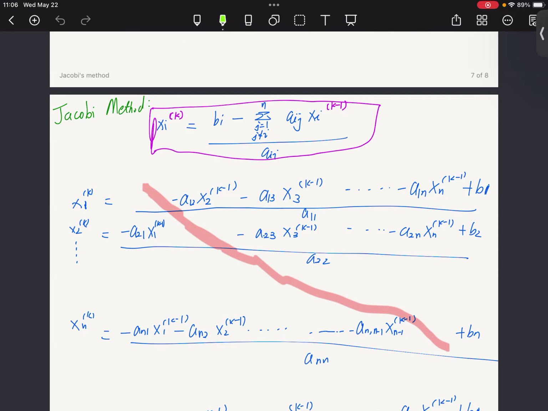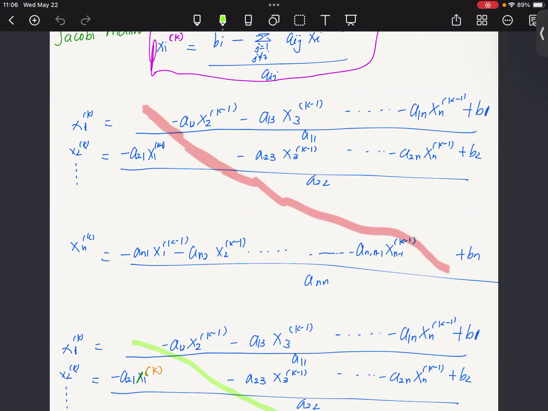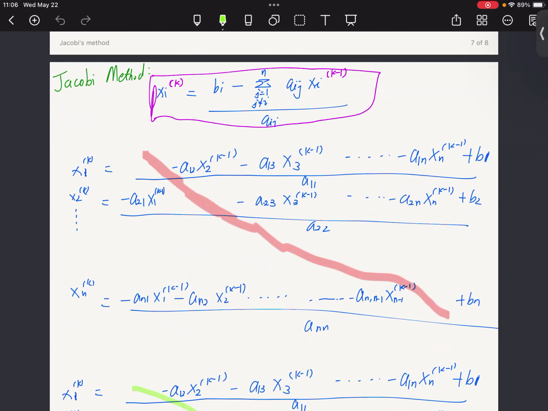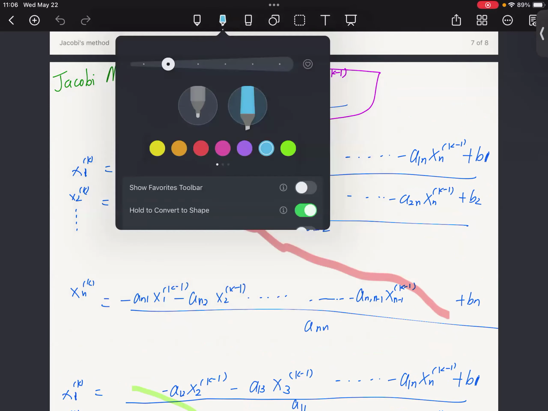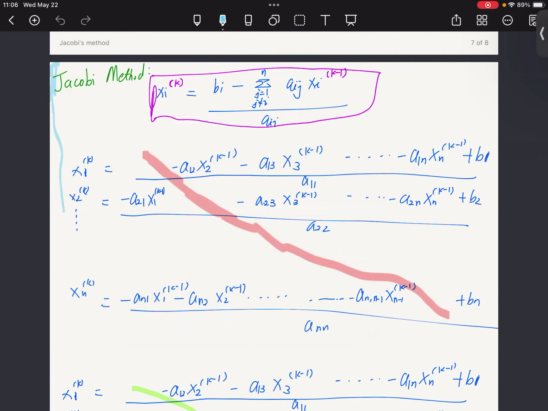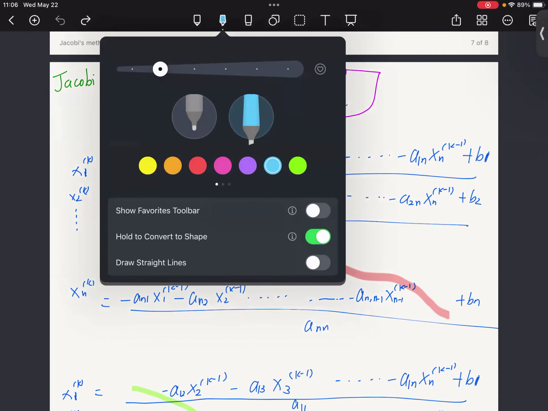So this is just one small change from the Jacobi's method, and this part is still Jacobi's method. Let me circle it out. This one is the Jacobi's method. This is still the Jacobi's method part.